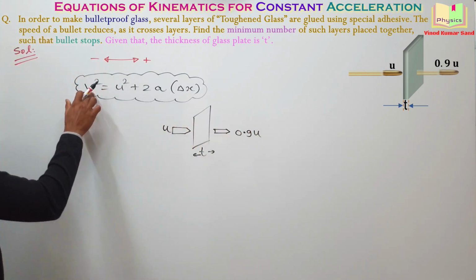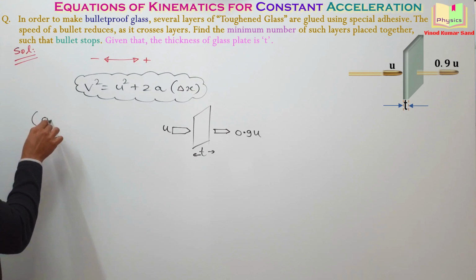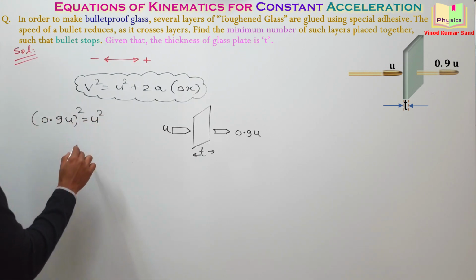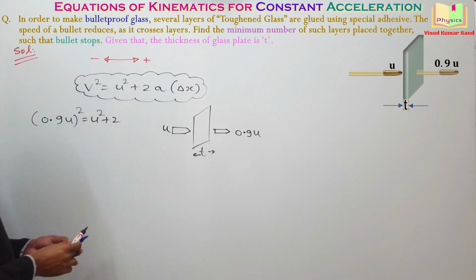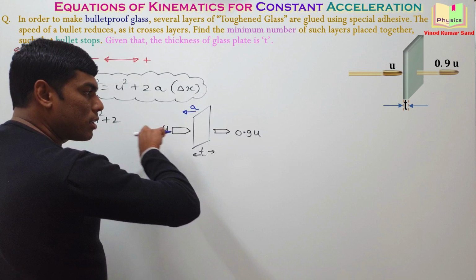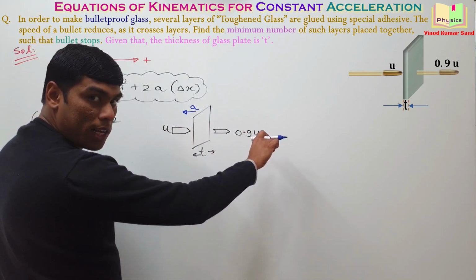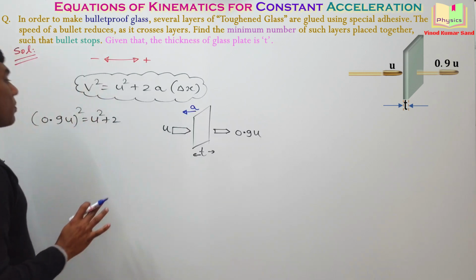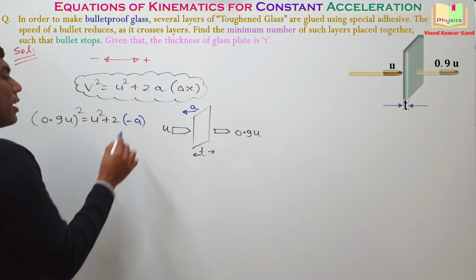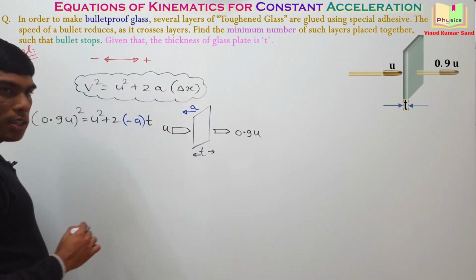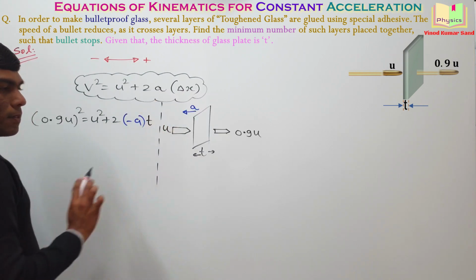So the v square can be written as (0.9 u) square, is equal to u square plus 2. Here the acceleration is negative because when the bullet is going in this positive direction, the retardation, the acceleration, is in this direction. So minus sign, and here instead of delta x, I am taking the thickness t. I hope you understand this thing.